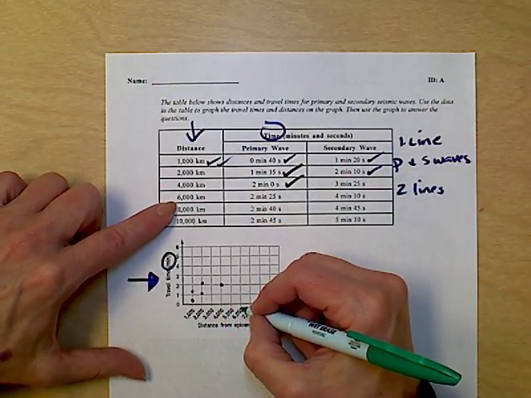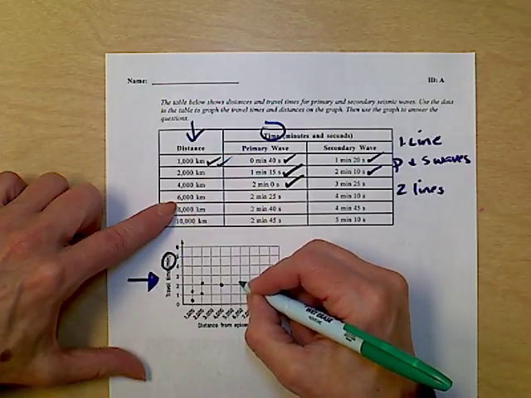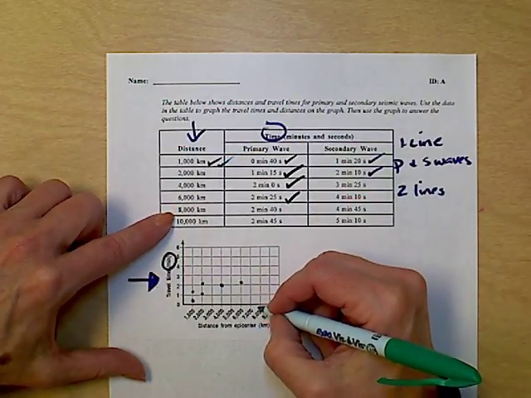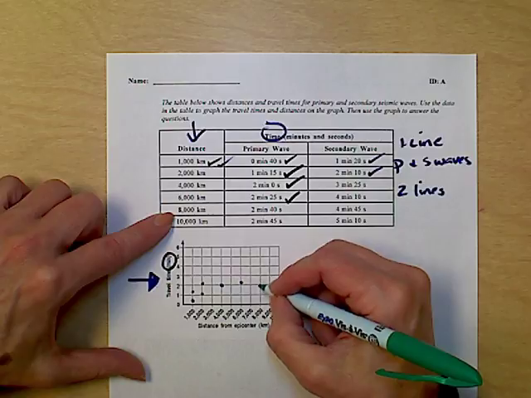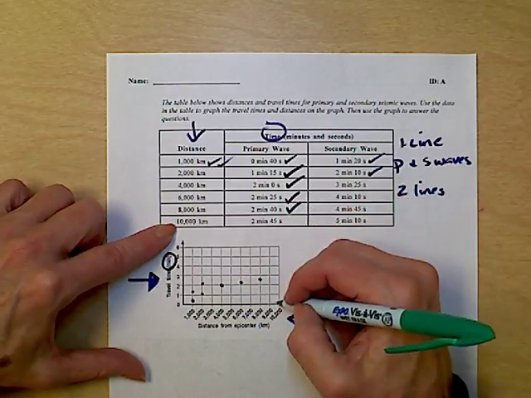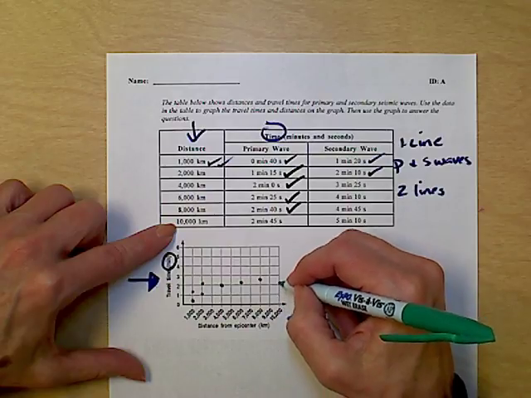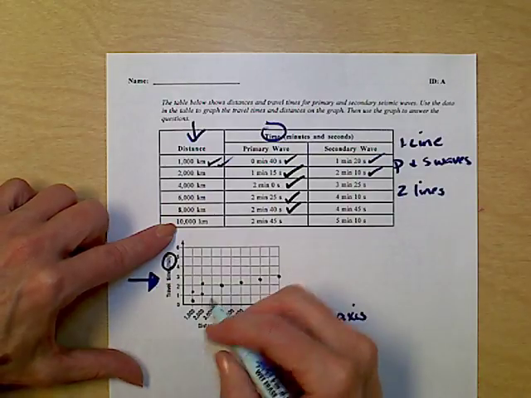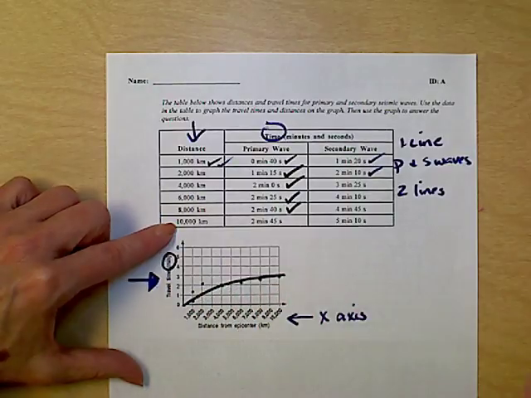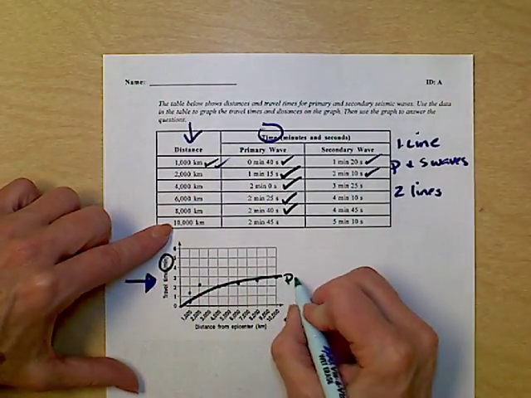I'm just doing the primary waves now. It was 2 minutes, 25 seconds. So I'll put one right about there. 8,000, 2 minutes, 40 seconds, a little bit higher. And at 10,000, I'm at 2 minutes, 45 seconds. So my green line is going to go a little bit like that, and that's my P waves.